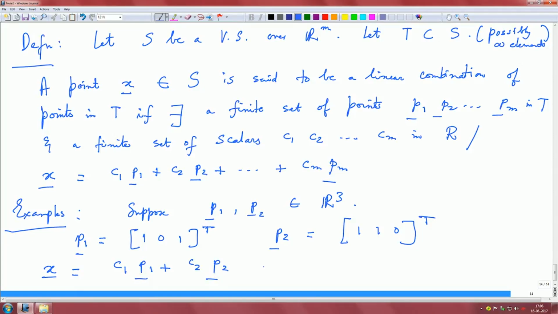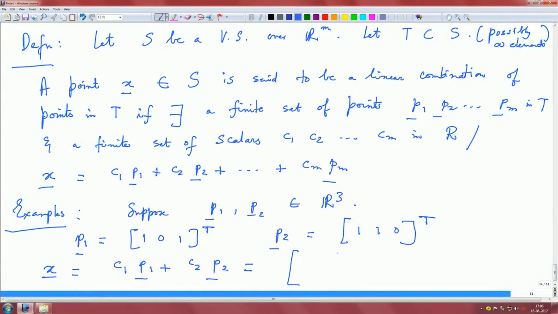I take X to be a linear combination of P1 and P2. C1 and C2 are basically scalars over the reals, right. Now I take C1 times P1 plus C2 times P2. So, the first coordinate is what? C1 plus C2, next coordinate is C2, next coordinate is C1.